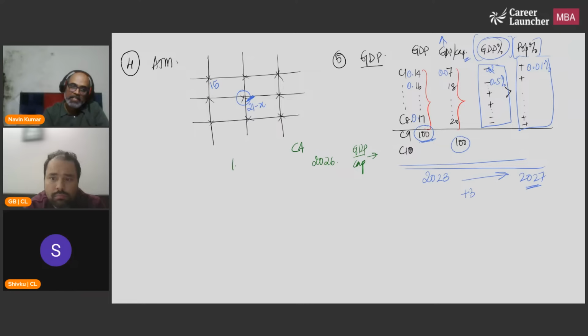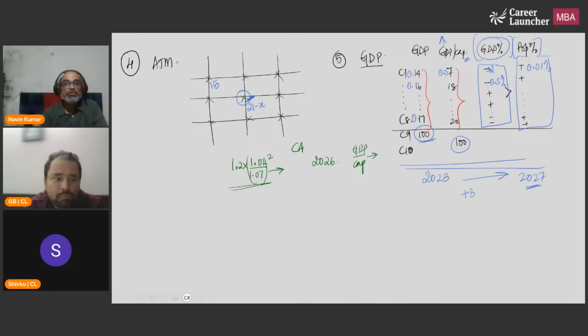So it was basically 1.2 into 1.02 upon the square of 1.07. I think this was the calculation. Either it was 0.2 or 0.5. So this was the question where I had to use the calculator in DI. In Quant I had to use it in a question, and in DI I had to use it in this one.